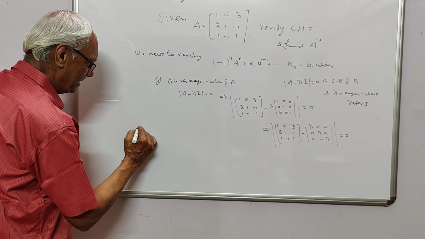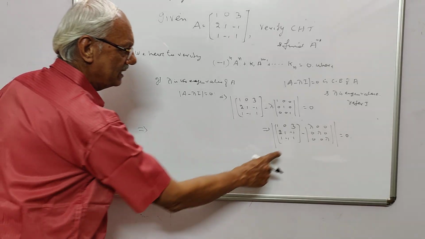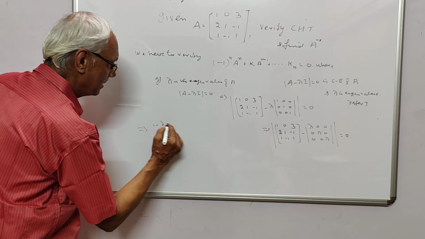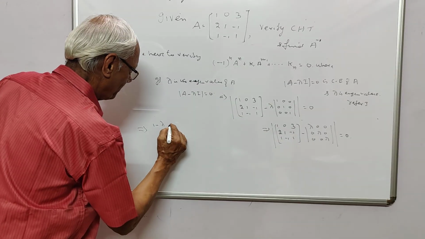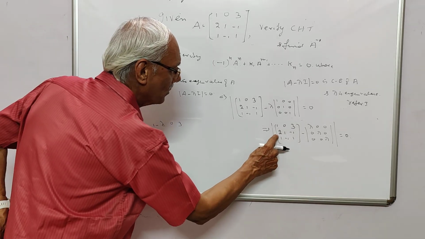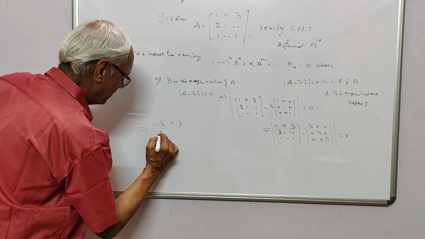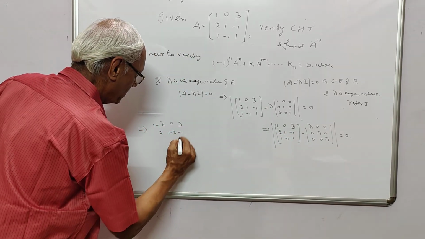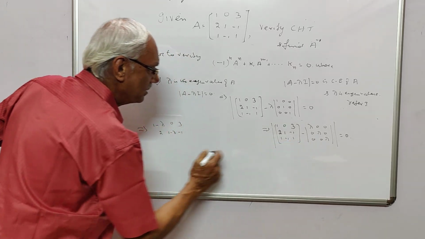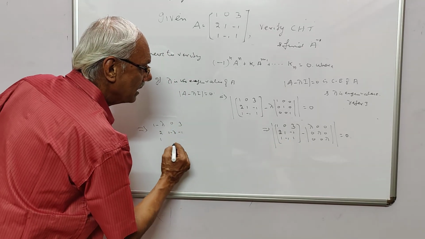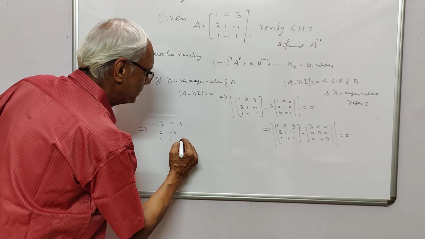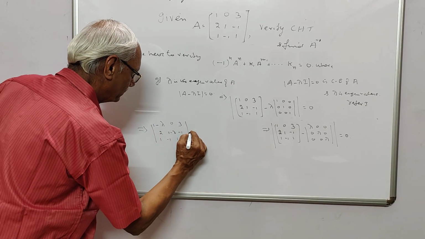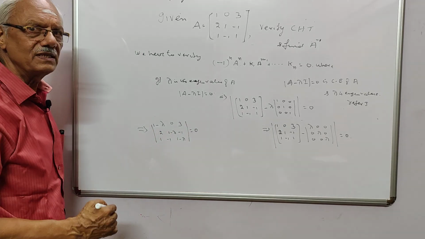So this implies the determinant with rows: 1 minus lambda, 0, 3; 2, 1 minus lambda, minus 1; 1, minus 1, 1 minus lambda, is equal to 0.